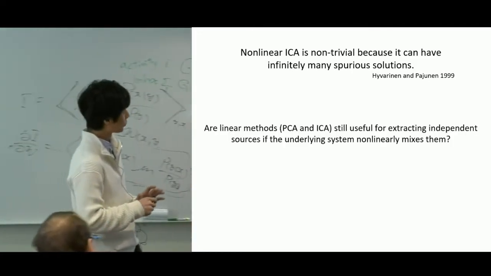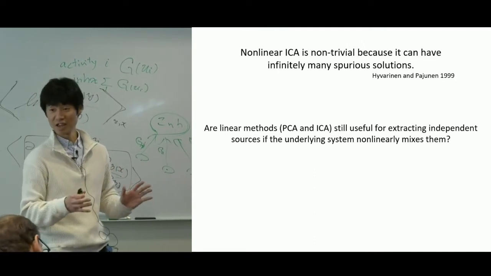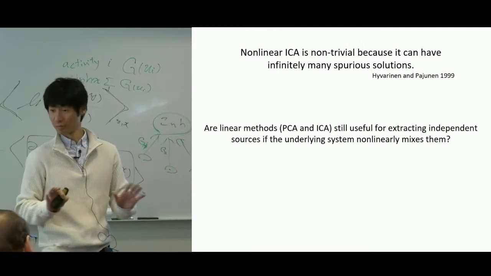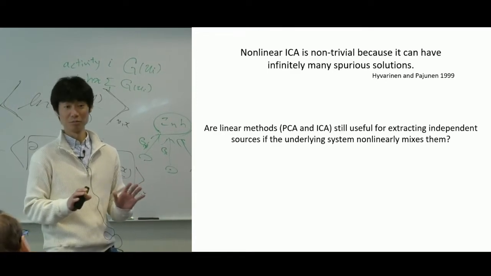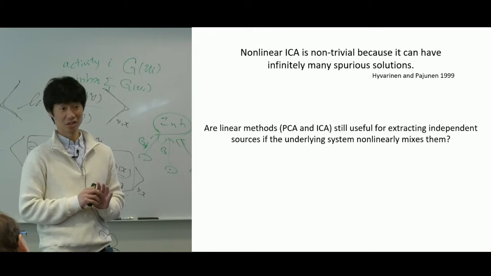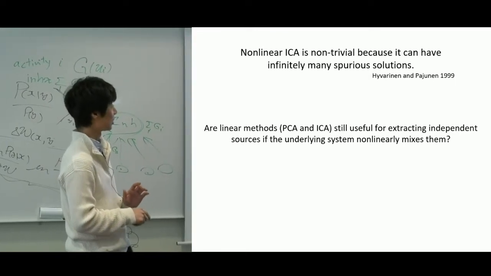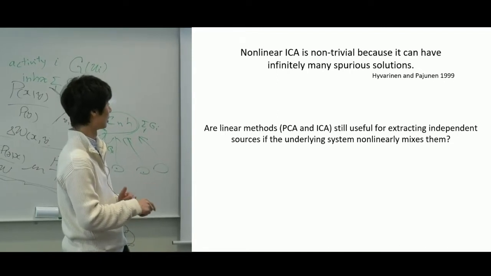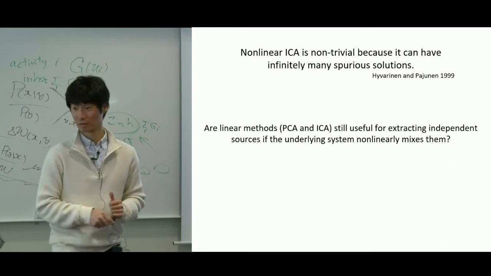But fortunately, linear methods like PCA and ICA are not complex methods, so they can at least avoid many spurious solutions. But still a question remains whether PCA and ICA can extract nonlinearly mixed sources or not.